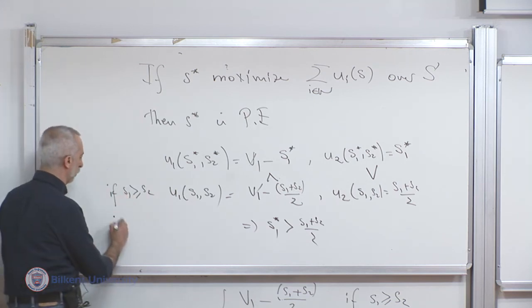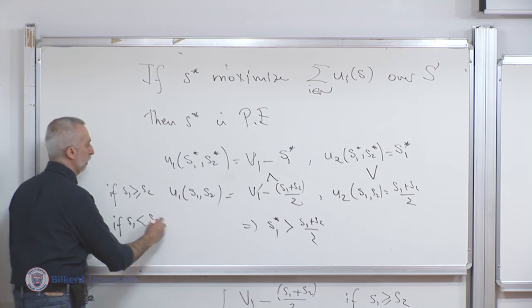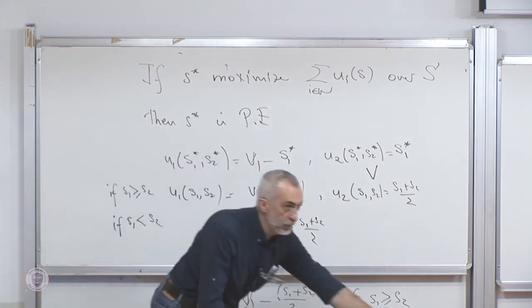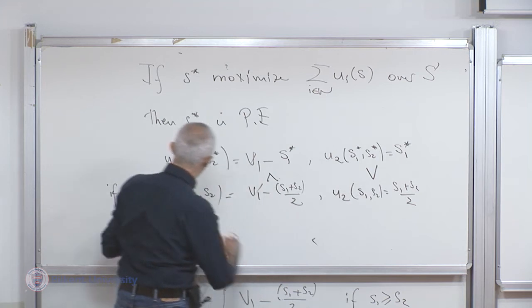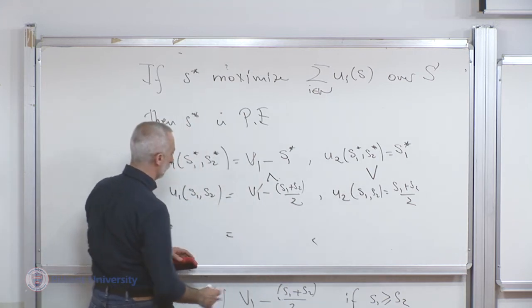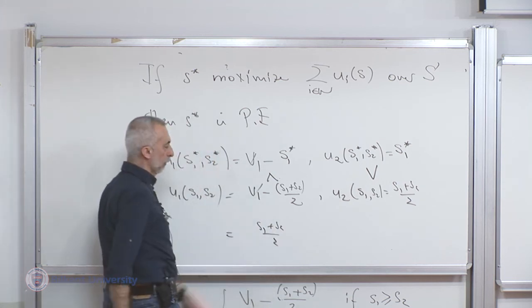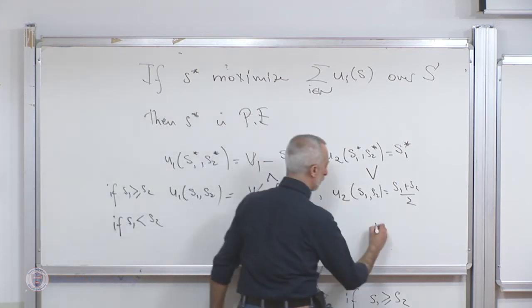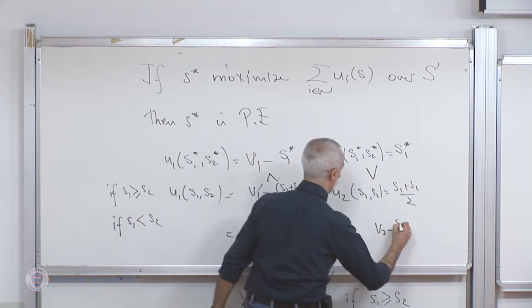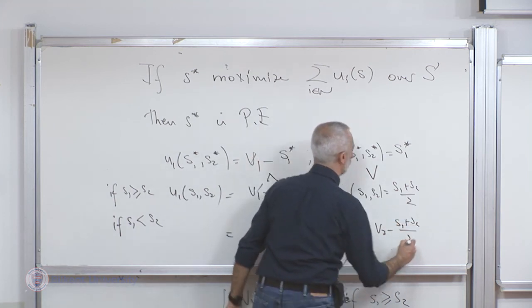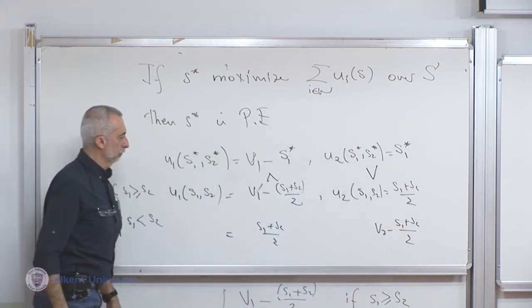I should also consider the case where S1 is less than S2. Well, if S1 is less than S2, then U1 of S1, S2 is equal to S1 plus S2 over 2. And U2 of S1, S2 is V2 minus S1 plus S2 over 2. Okay?